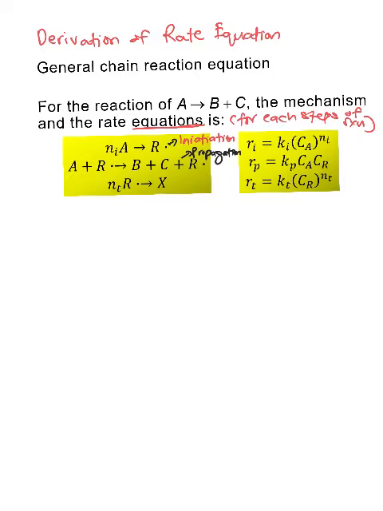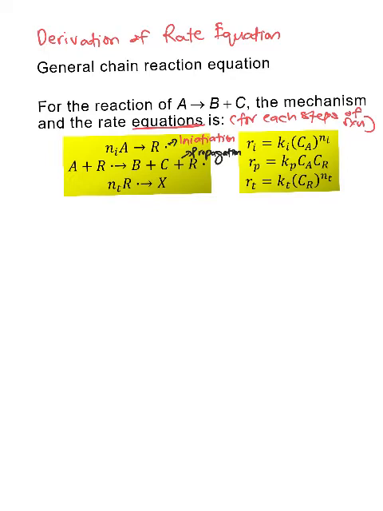And finally, the third step. Nt, either the number of moles or the stoichiometric coefficient of the radical species. If the reaction requires 2 moles of radical species, of course, for the termination step, the reaction is between the radical species.